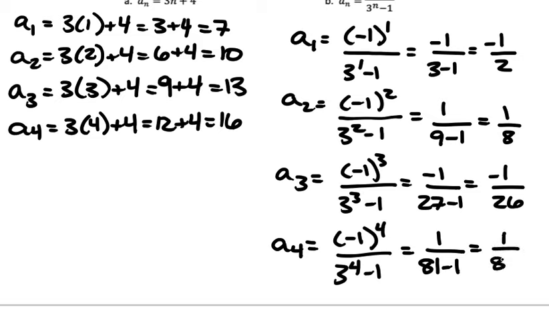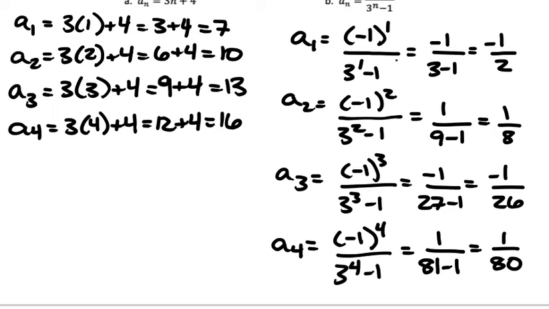So what happens when you have this negative 1 raised to the power is it has the effect of making the sequence alternate between positive and negative values. Because when you have an odd number that you're raising to the power, then it's going to be negative 1. If you have an even number for the power, then it's going to be positive 1.